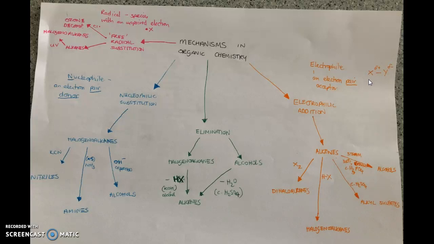So in the example of hydrogen bromide, or if we've got say a bromine molecule here, so both atoms are bromine, and the electron-rich alkene induces a dipole into the bromine molecule, which repels the electron density, causing it to be an electrophile.